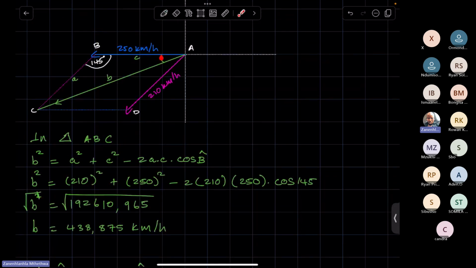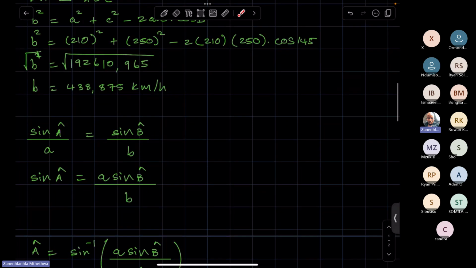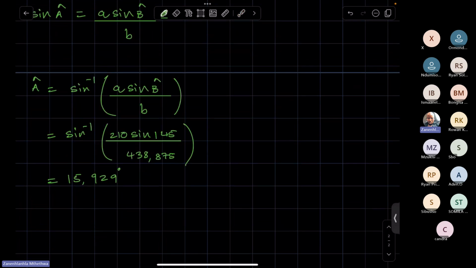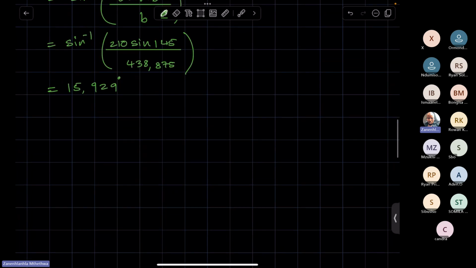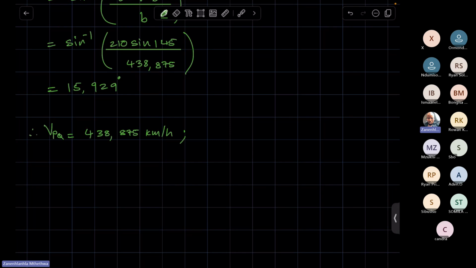This is the angle we intended to get, so we just calculated it. Now you can write down what the velocity of P relative to Q is, right? So you can then say the velocity of P relative to Q is equal to the magnitude, which is 438.875 kilometers per hour. And then you write down the direction, right?